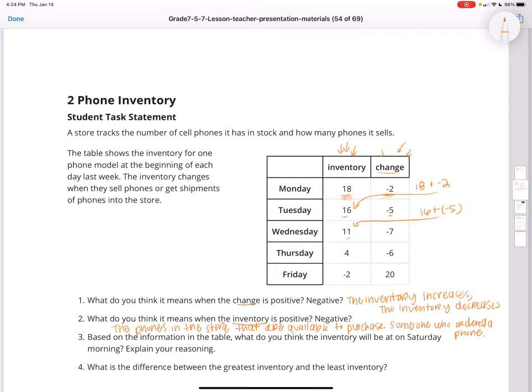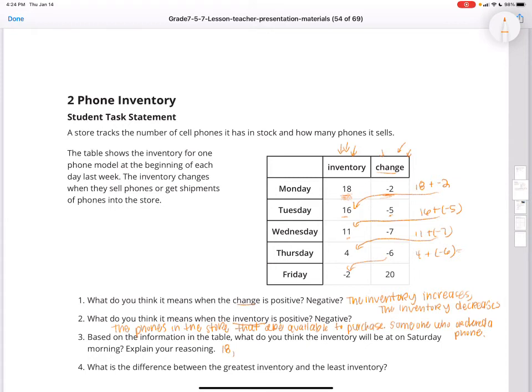If I was to add 11 plus -7, it would equal 4. So if you guys see the pattern, now when I add 4 plus -6, -6 has the greatest absolute value. Therefore, my sum will be -2. And with this one, -2 plus 20 would give me 18.